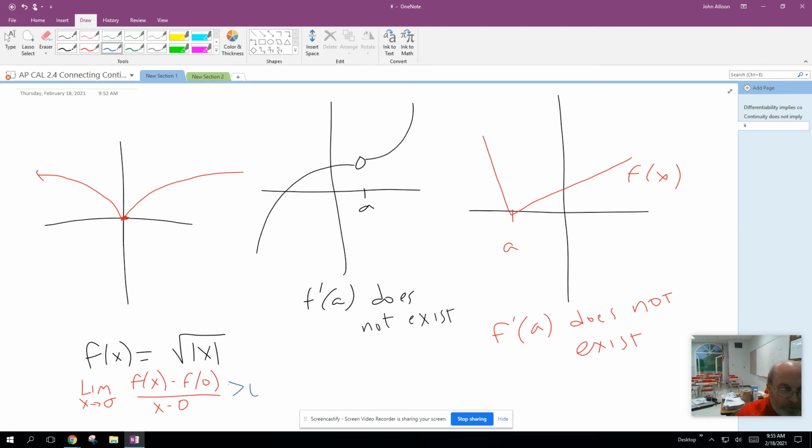So this is going to be less than 0. And we can also see geometrically that the limit as x approaches 0 from the right of f of x minus f of 0 over x minus 0 is going to be greater than 0. Those tangent lines are all positive.